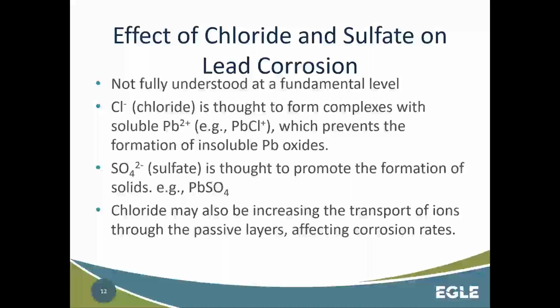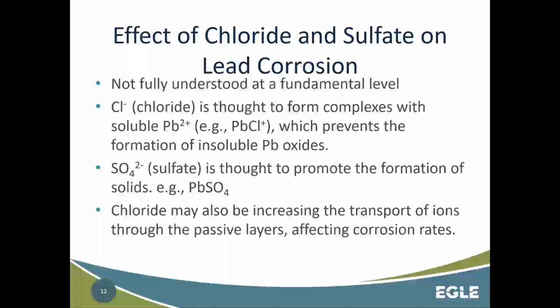All right. So in addition to this, chloride may also be increasing the transport of ions through the passive layer. Okay, so what that's saying is, even if you have a passivation layer, and we'll talk about that, if you have calcium carbonate or some phosphate scale on your pipe, high chloride concentrations in your water might still affect corrosion rates, even though you have a passivation layer that's meant to protect that pipe wall.